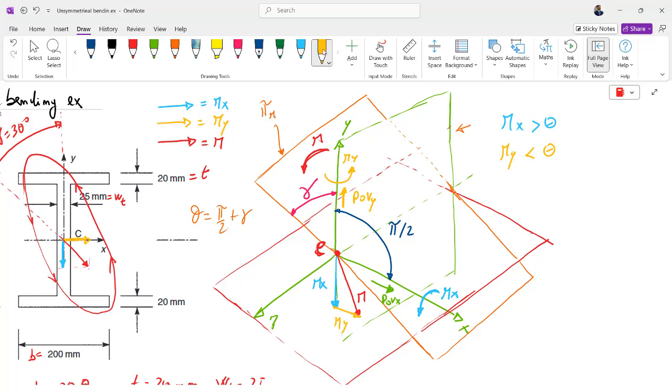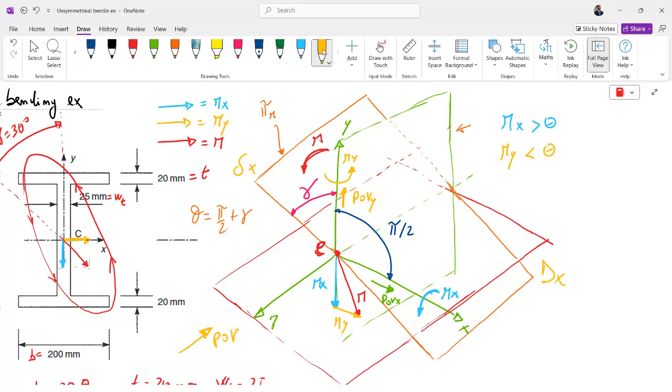But if you imagine that here there is also the shape of the beam, this is the left side of the beam and this is the right side of the beam if I look at the beam from this point of view. So My, by its direction, tends to bend the left fibers of the beam. Instead, Mx tends to bend the upper fibers of the beam.